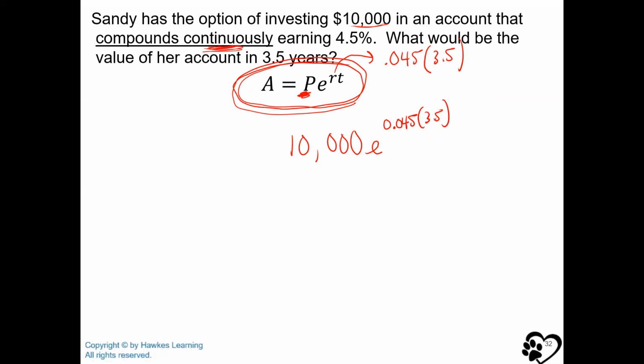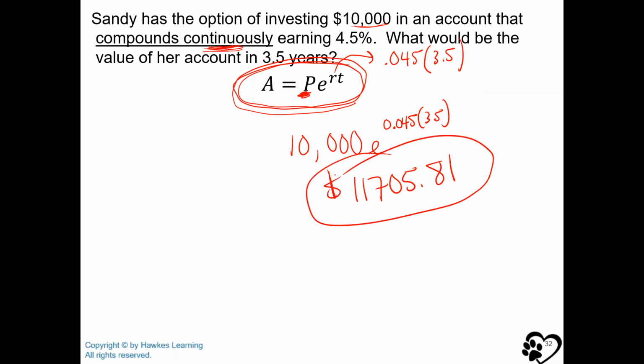We're doing 10,000 second ln, we see our natural e, 0.045 times 3.5. And the answer is $11,705.81. That's how much would be in the account after 3.5 years.